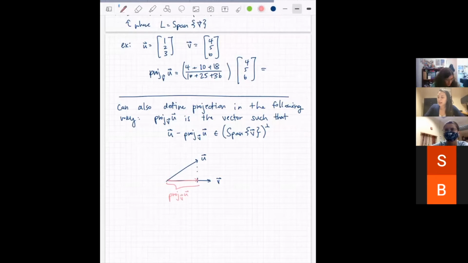And we can get that by figuring out what vector we need to subtract off of U to end up with a new vector. We'll call it W, which will be in V perp, or the span of V perp. Okay, so W is perpendicular to V.